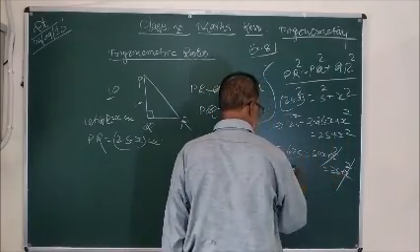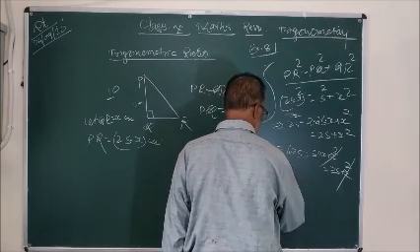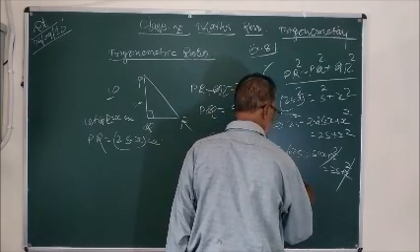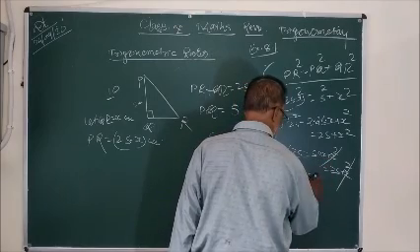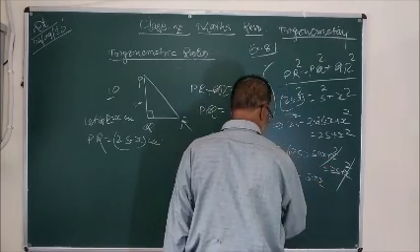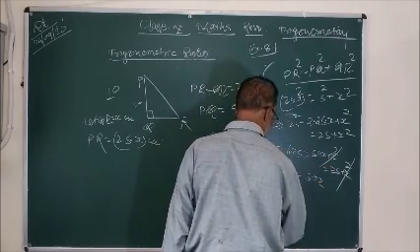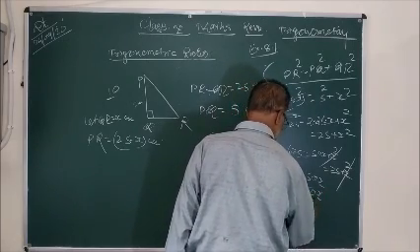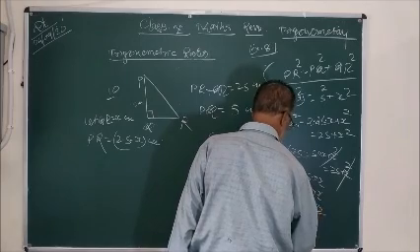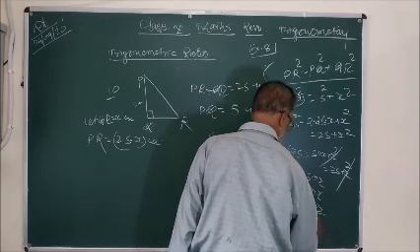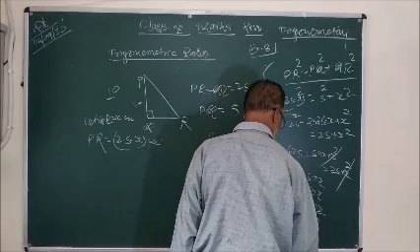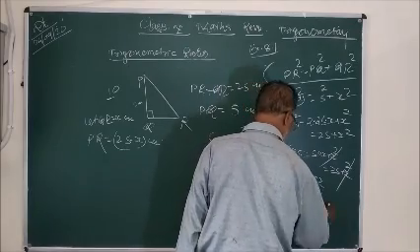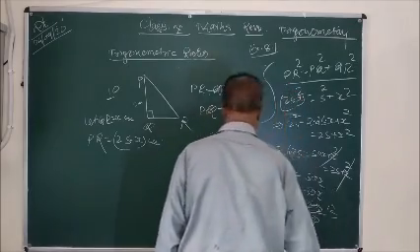Now you transfer 625 minus 25. We have to find the value of X, and this will be 50X, and this will be 600. So 50X is equal to 600, X is equal to 600 upon 50, which is 12. X is equal to 12.